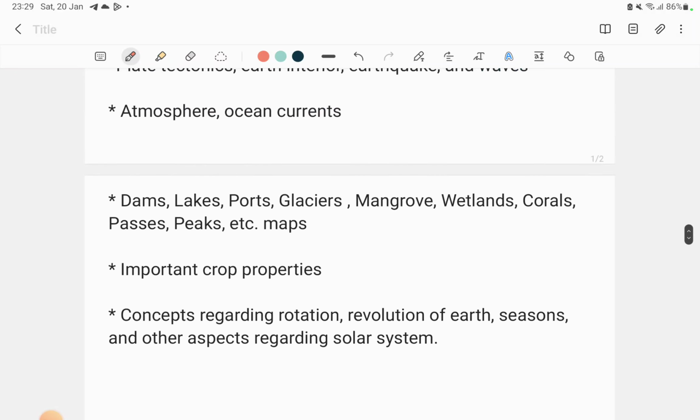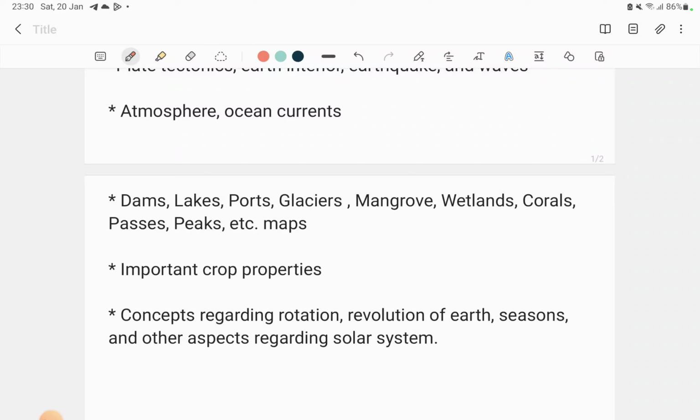Now here I have mentioned dams, lakes, ports, glaciers, mangroves, wetlands, corals, passes, peaks, etc. You need to study these with the help of maps, because time and again many questions are asked on these different aspects. Likewise you would find many other points as well, so try to prepare. There could be reservoirs, so you can study water reservoirs and where they are located on maps.